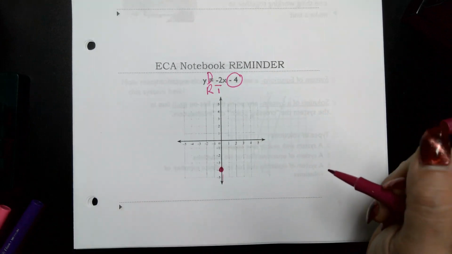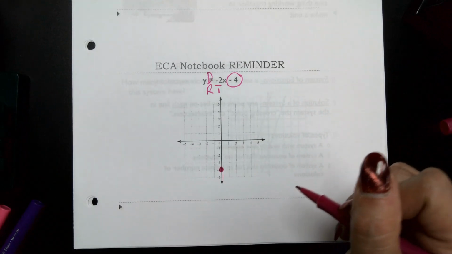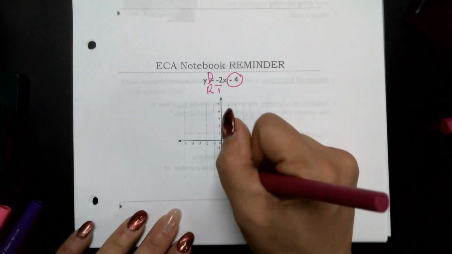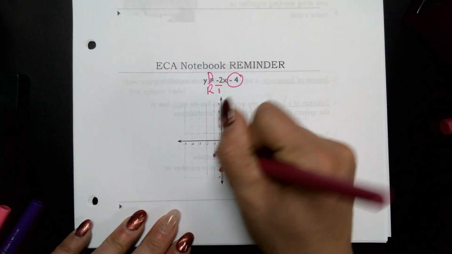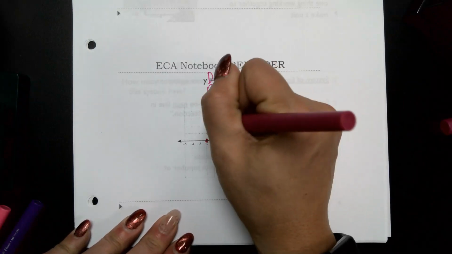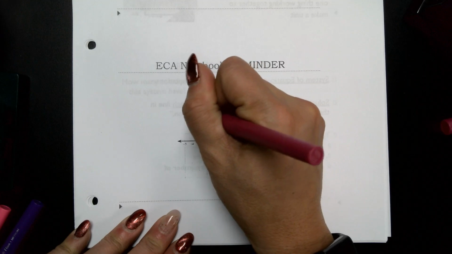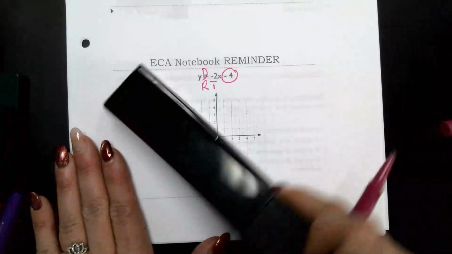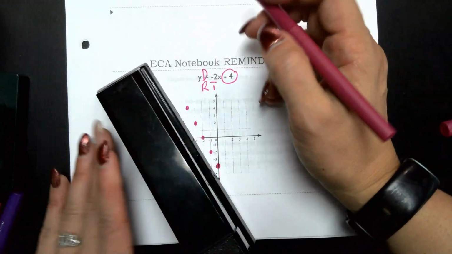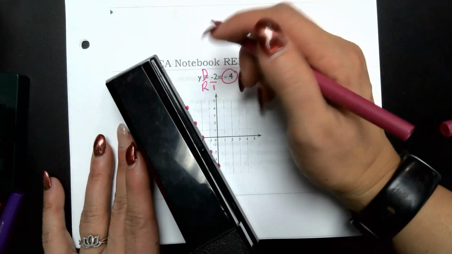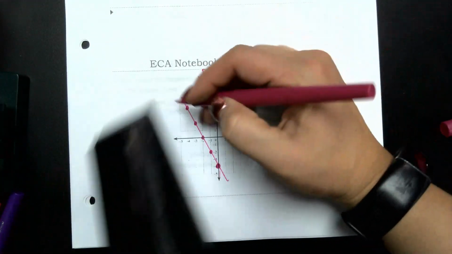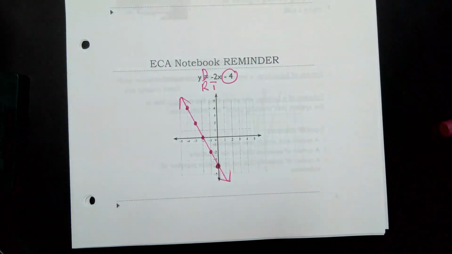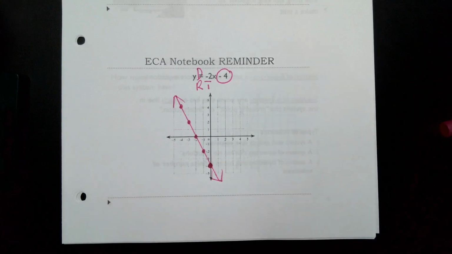No. Okay, so if I can't go down right, I'm going up left. So up 2, left 1, and you guys do that as many times as you can. Looks like you can have a total of 5 points altogether. And then when you're ready, turn the page.